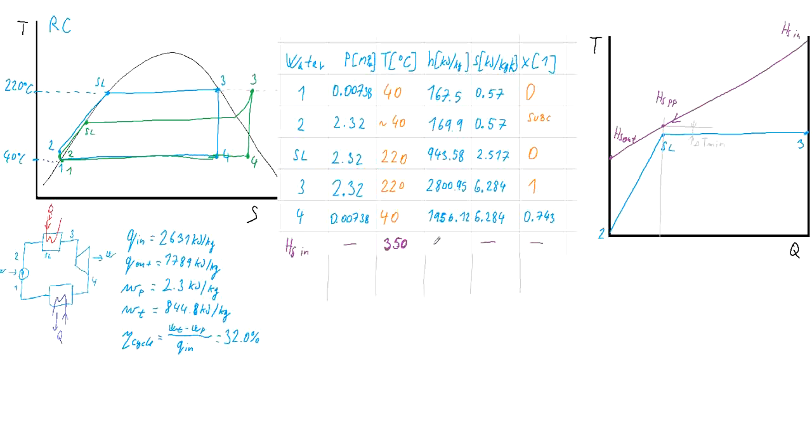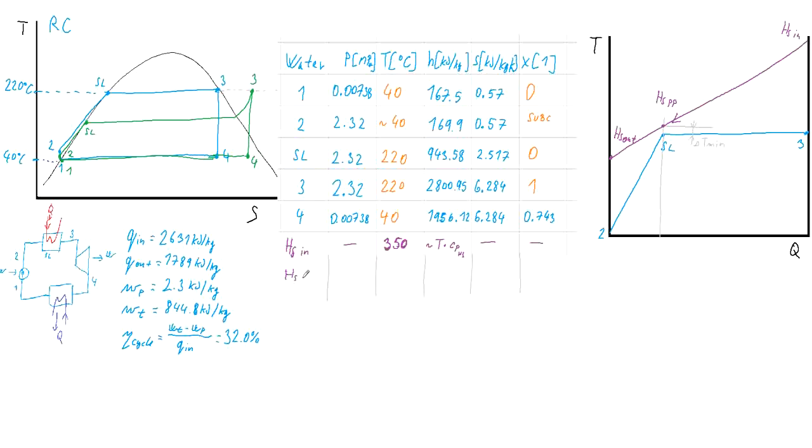And for the enthalpy, since we have constant specific heat capacity, we can have some proprietary enthalpy, which we would call, let's say, temperature times the Cp. So this was the point heat source in.